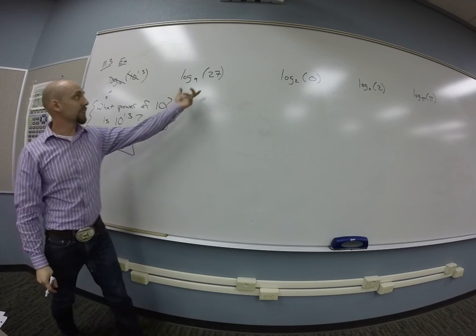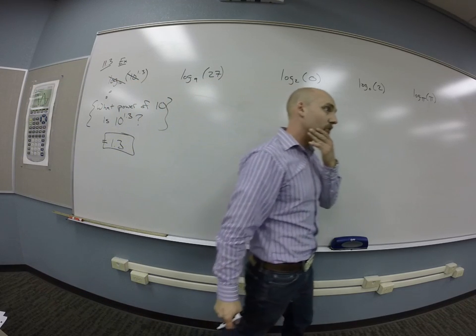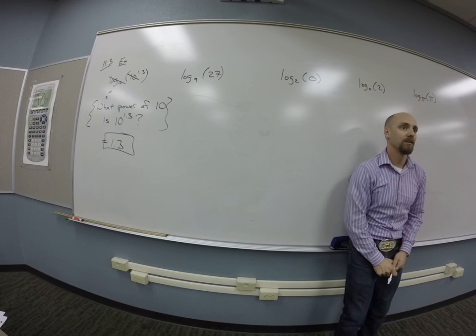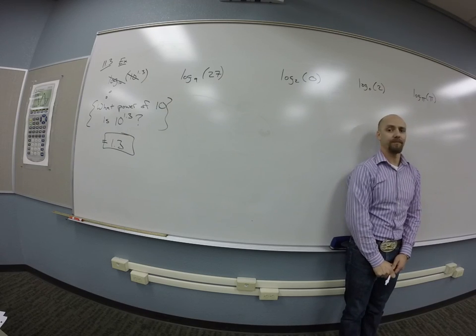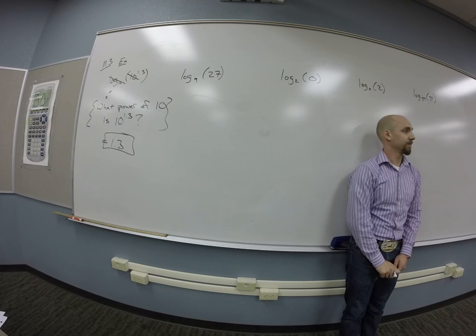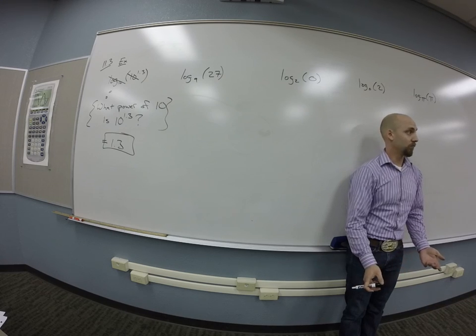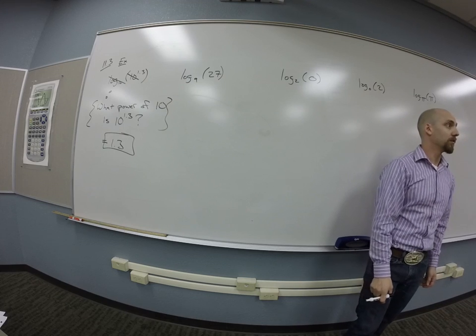All right, how about this guy? Log base 9 of 27. What do I do? Okay, I know something about 27, right?